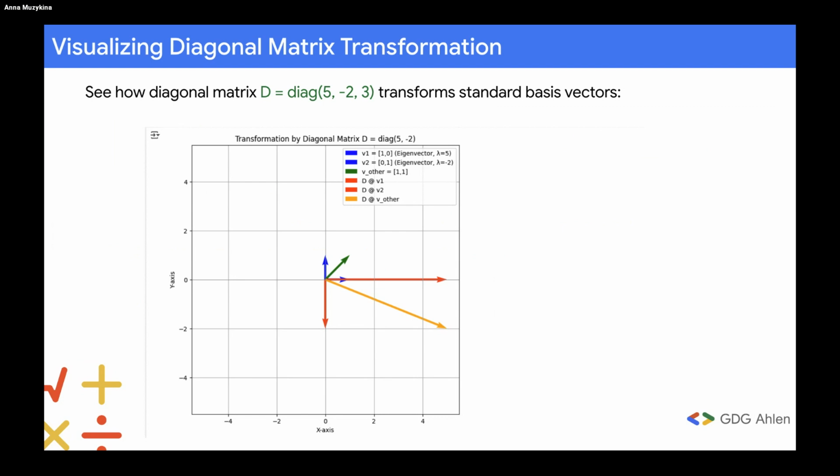This confirms visually that for a diagonal matrix, the standard basis vectors are the eigenvectors, and the diagonal entries are the corresponding eigenvalues, representing the scaling along each axis.